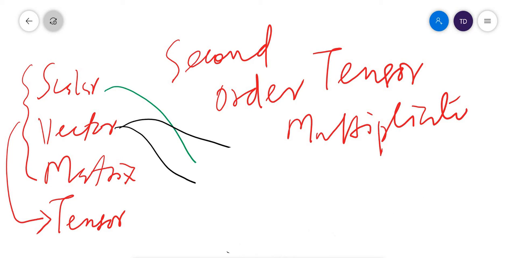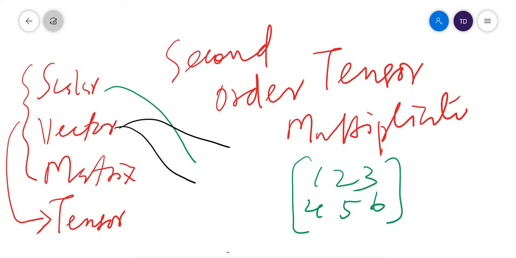That means it would be like this: 1, 2, 3, 4, 5, 6. This is two-dimensional. We can call it a second order tensor. This is a matrix. You can also have n-dimensional ones.